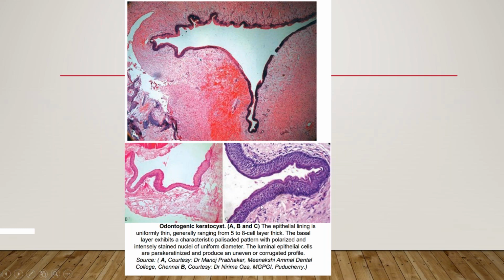The basal cell layers are tall columnar, exhibiting a palisaded pattern with polarized nuclei, that is, nuclei away from the basement membrane, and intensely stained. The luminal epithelial cells are parakeratinized and produce the corrugations. These are called the corrugations, which are unequal in growth.